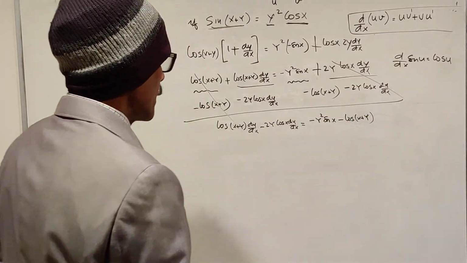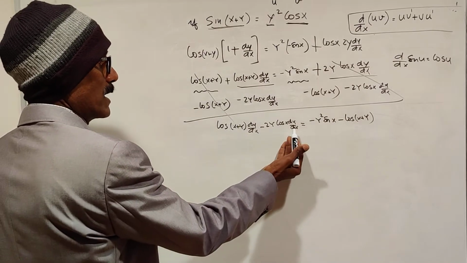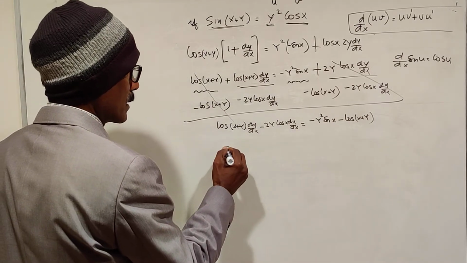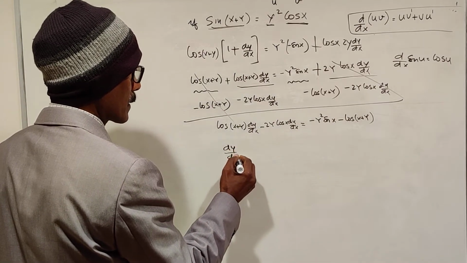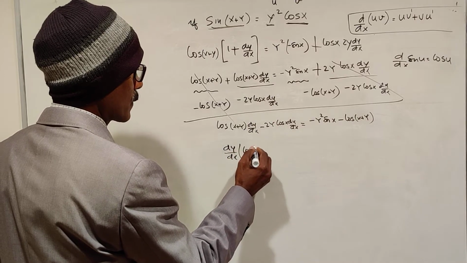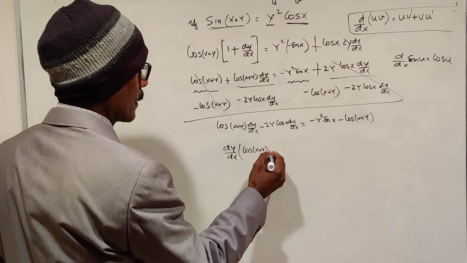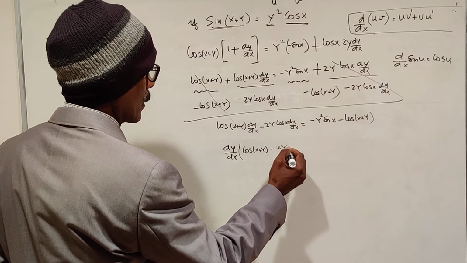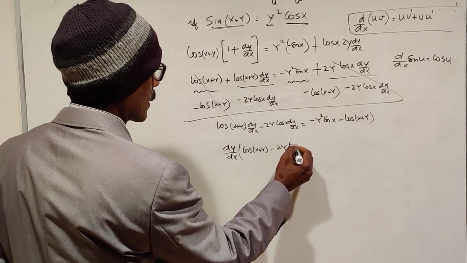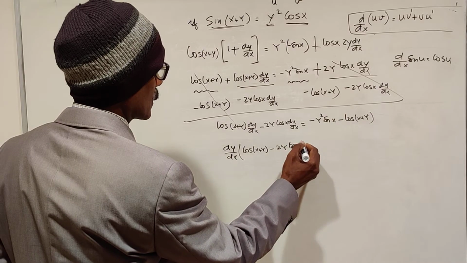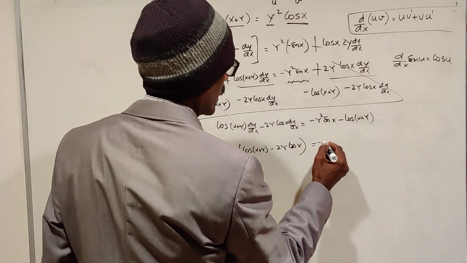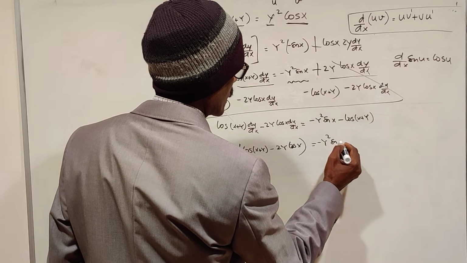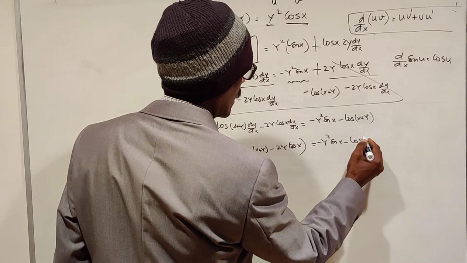Then what is the next step? Take dy by dx as a common factor: dy by dx times (cos(x + y) minus 2y cos x) equals minus y square sin x minus cos(x + y).